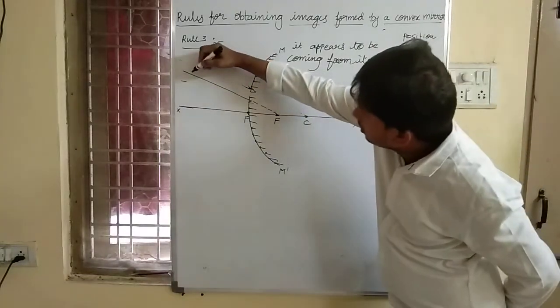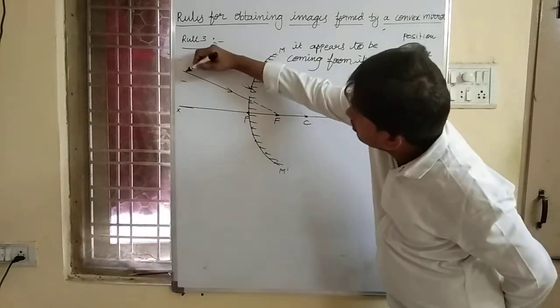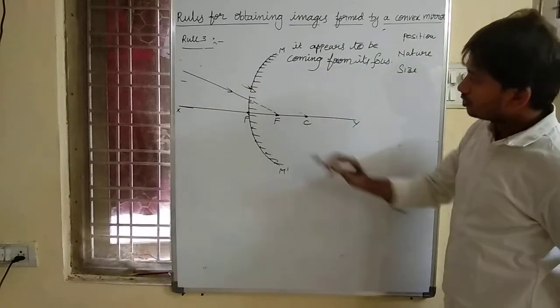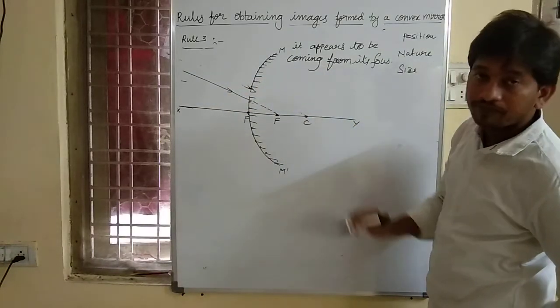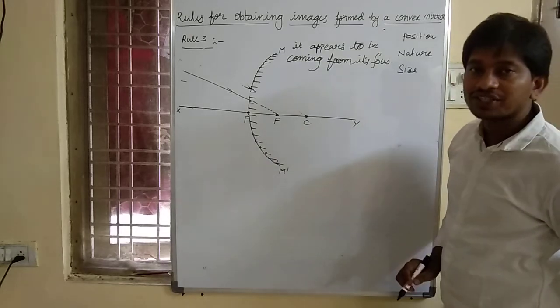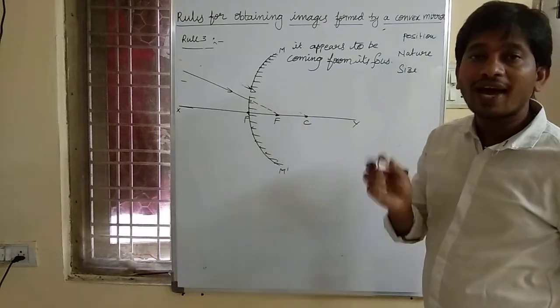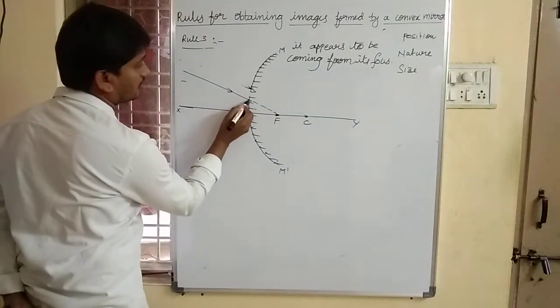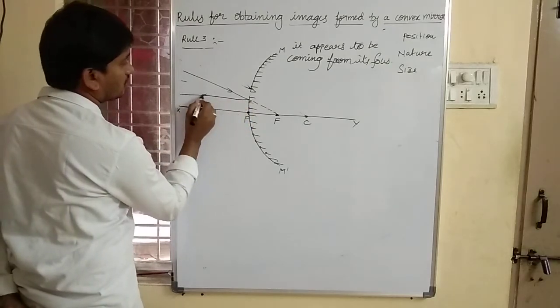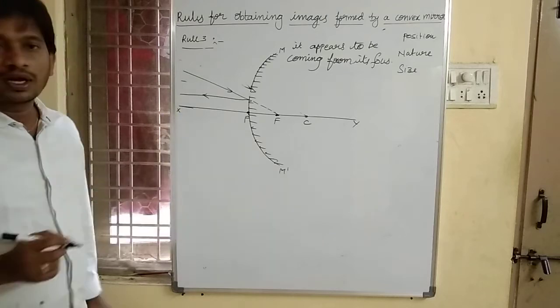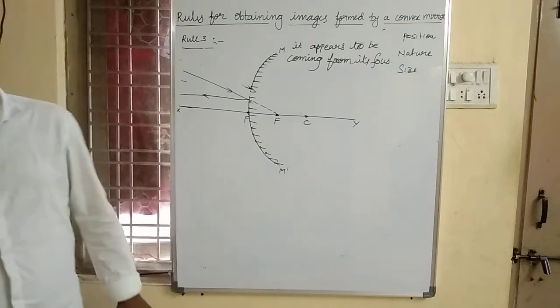Now see, this is our ray of light going towards the focus of a convex mirror. After reflection, it becomes parallel to the principal axis.